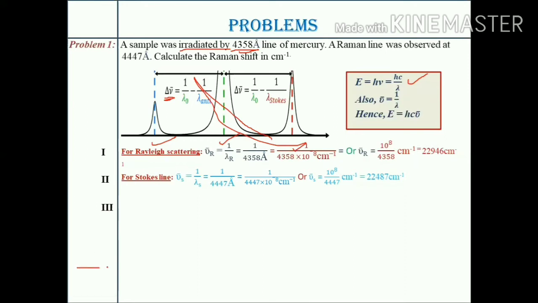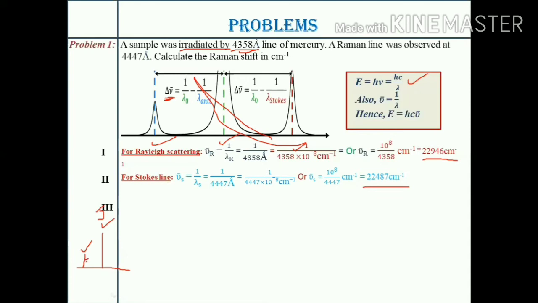Now, I have the value for Rayleigh scattering. If we have a look at this particular spectrum graph, this is the Rayleigh scattering part, for which the value is 22946 centimeter inverse. Okay, the wave number for the Rayleigh scattering I'm talking about. And to the left of it, we have the Stokes line, and for the Stokes line also we have calculated the wave number, 22487.